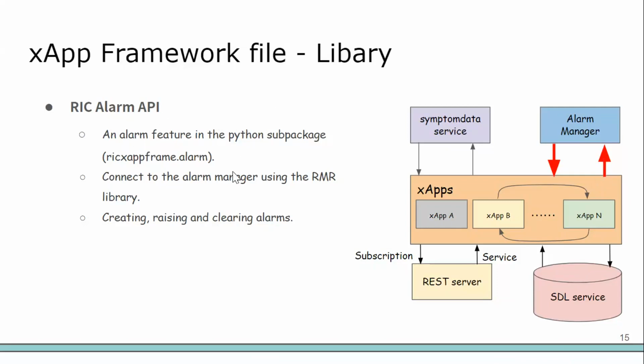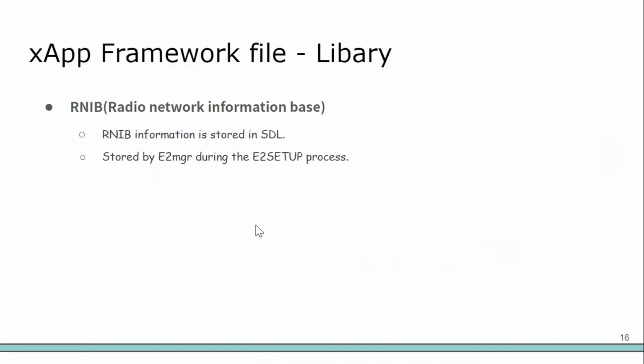You can find this name to use, and it connects to the alert manager by using the subpackage RMR. The writer also can create, write or clear the alert to the alert manager.